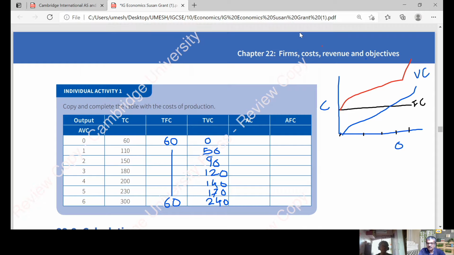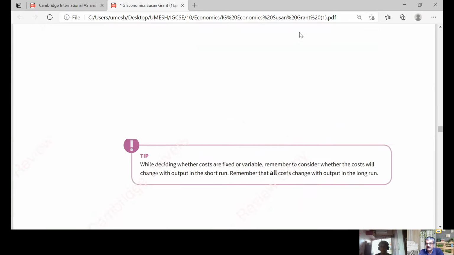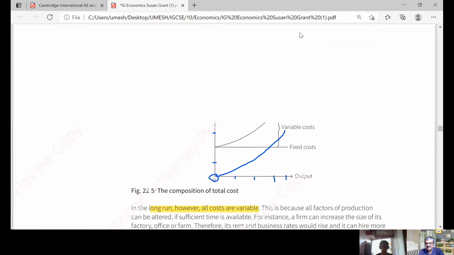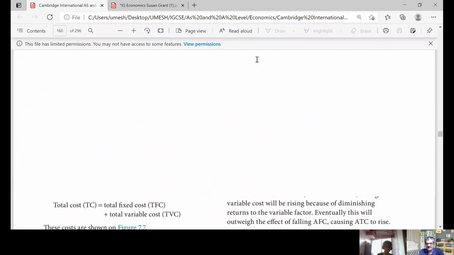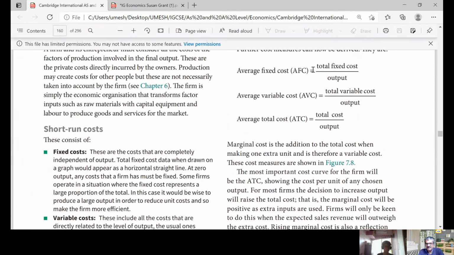And this is your total cost. What will be the average cost? Average cost is equal to, we have seen the formula just now, bacha. Not here. We have seen it here. What is the average cost formula?